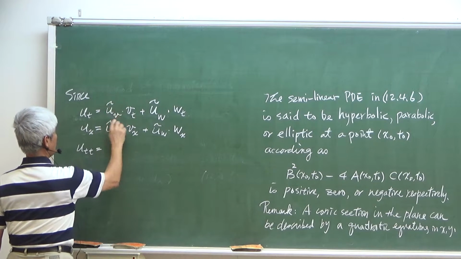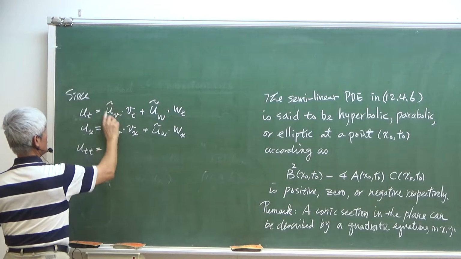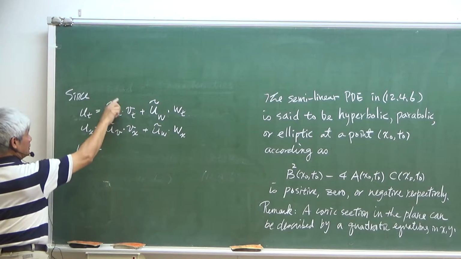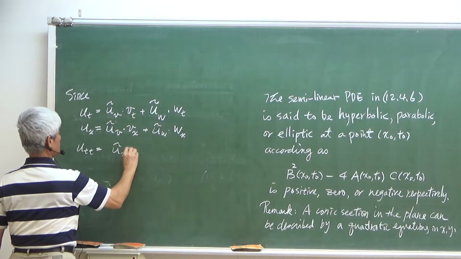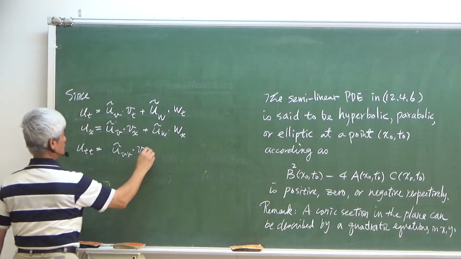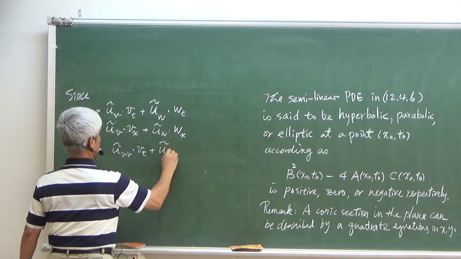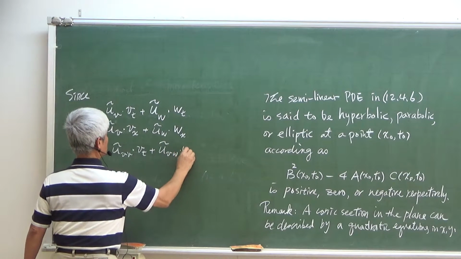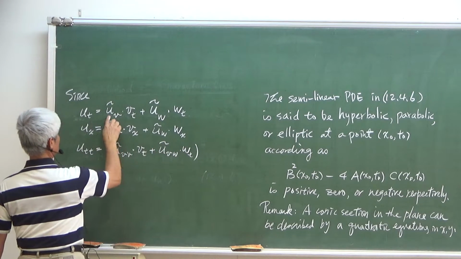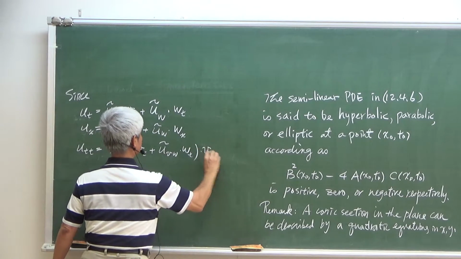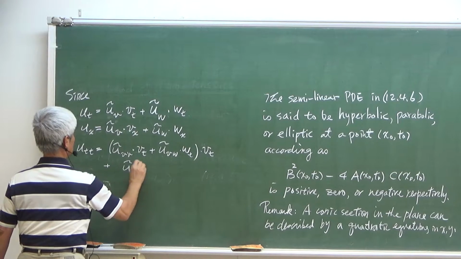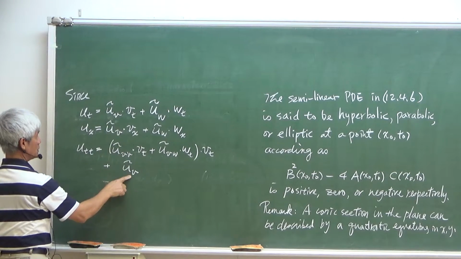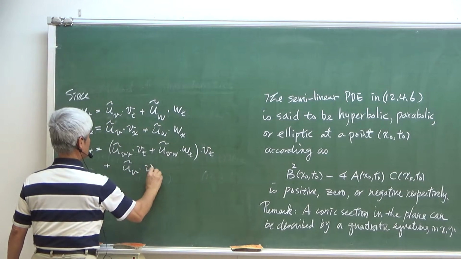First of all, we apply the partial derivative on this part. So we have u_vv v_t plus u_vw w_t, times v_t, plus u_v and v_tt.